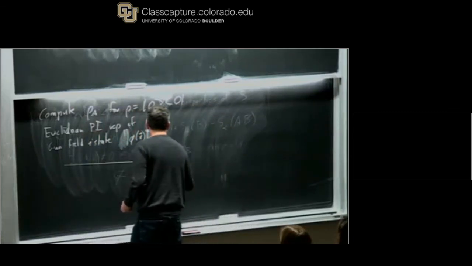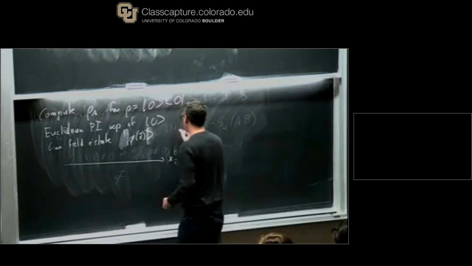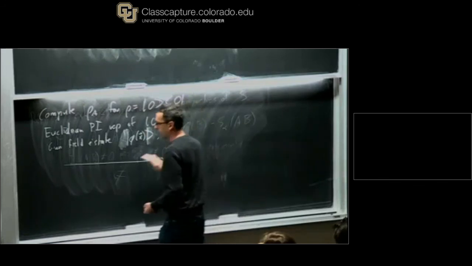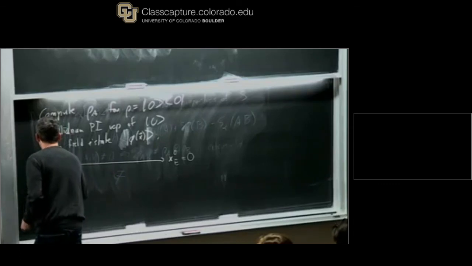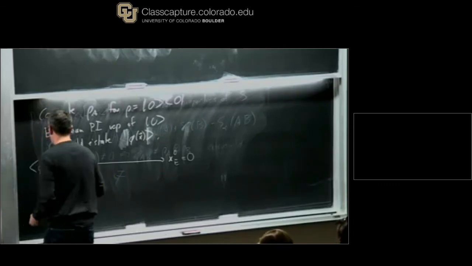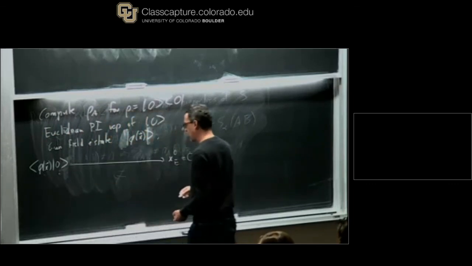And here's my x naught Euclidean equals 0. And I want to compute the inner product here, the overlap, which is basically the wave functional. This here is the wave functional of the vacuum.